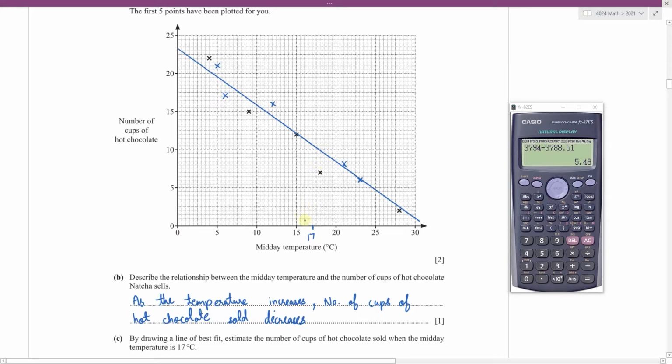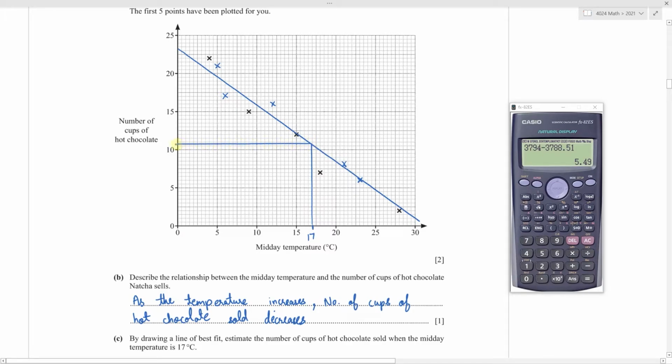So 16, 17. Okay. So now I will draw a straight line and see where it intersects my line of best fit. So it intersects at this point, and if I read the value from y-axis, this is around 10.5 or 11.